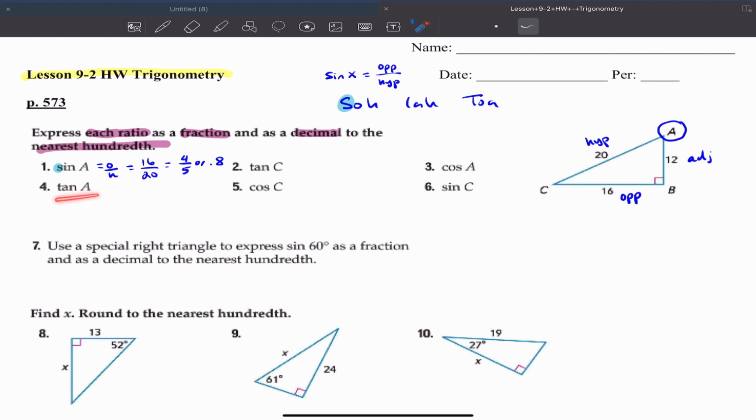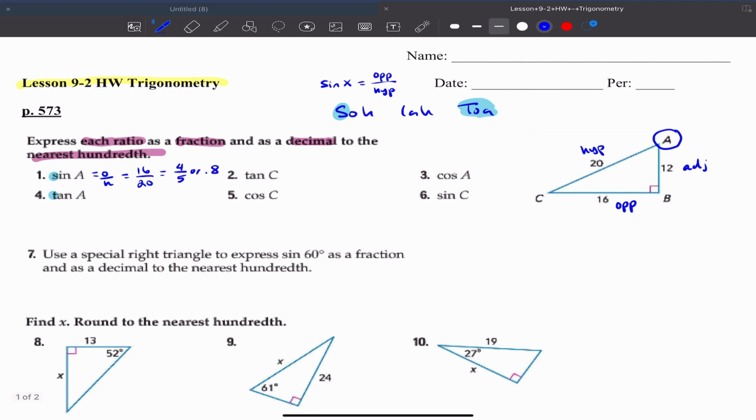So tangent of A, so we have T, that's TOA, and remember, tangent of X equals opposite over adjacent.